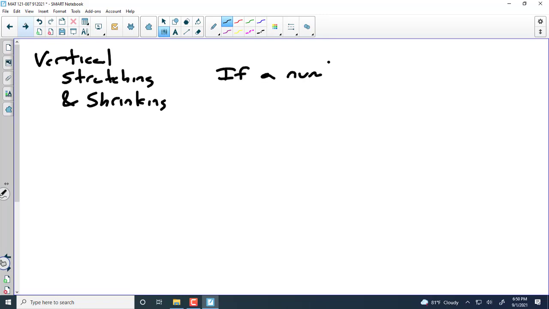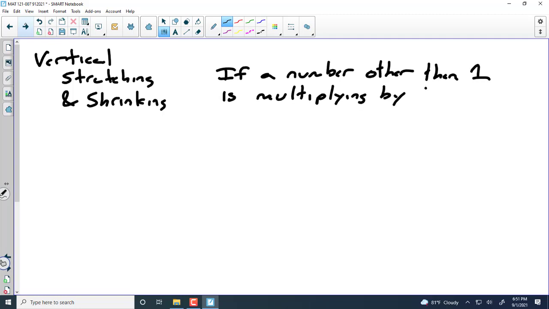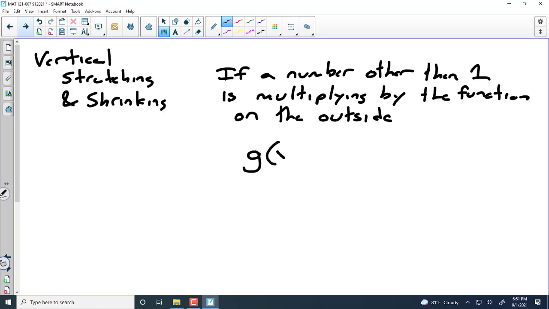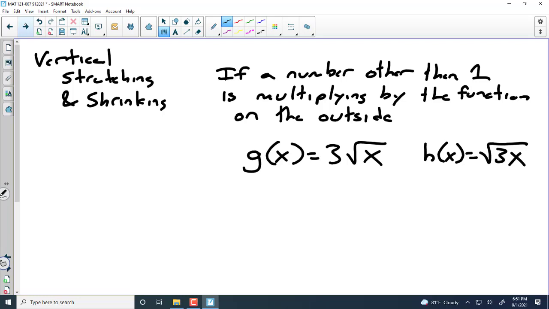If a number other than 1 is multiplying by the function on the outside. So by the outside, everyone, I mean the number multiplying by the function is outside whatever the function is.